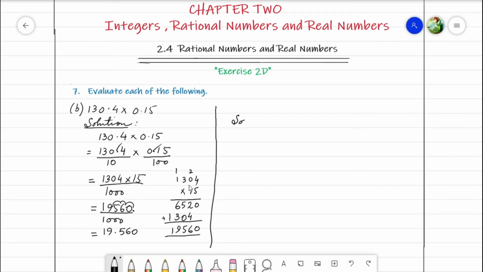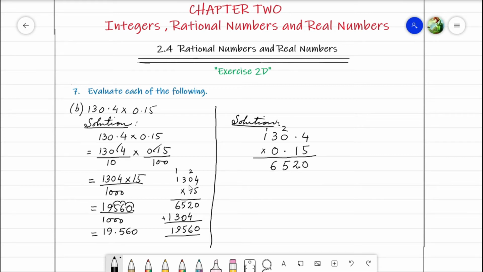Now I am solving this question by another method, which is called the horizontal method, in which I will first write 130.4 and 0.15, like this, and I will multiply these two numbers. 5 4s are 20, 2 will go up; 5 zeros are 0, 2 will go down; 5 3s are 15, 5 will come here, 1 will go up; 5 1s are 5 and 6.